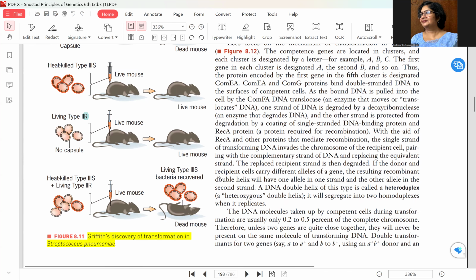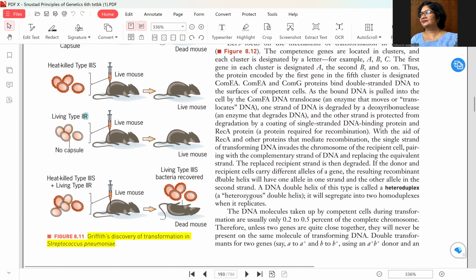So just having capsular material is not enough to cause disease. Expression of the DNA is also important to express toxins and other factors which can lead to the disease process itself. So when the cells are heat killed, they cannot express their DNA. They cannot produce the toxic factors that they need to cause disease. And as a result, the mice are unaffected.